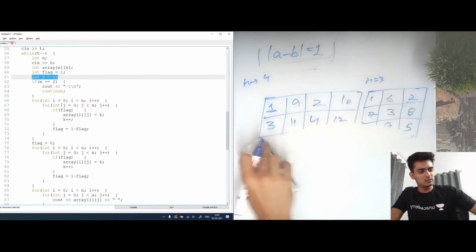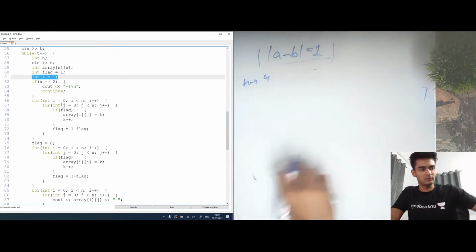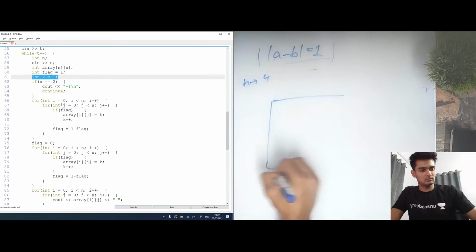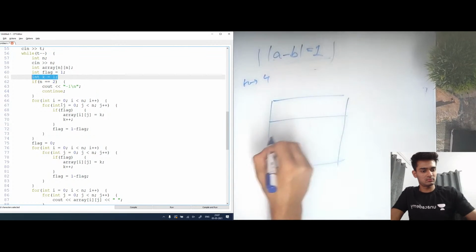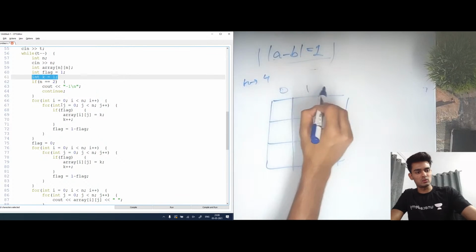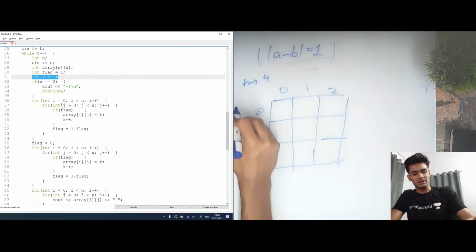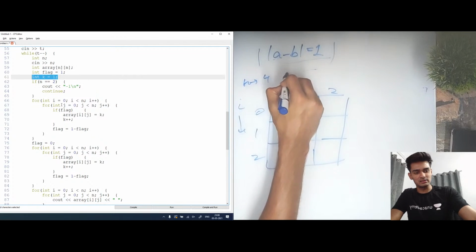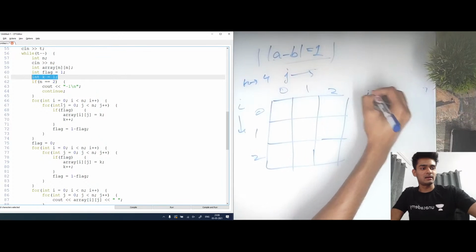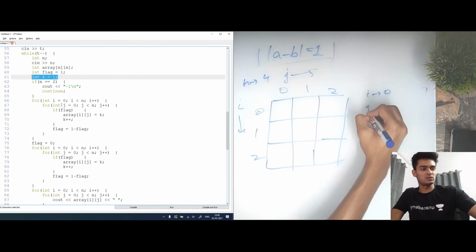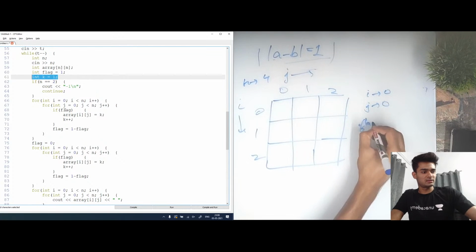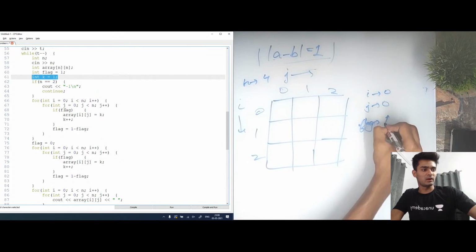So I'll just show this to you for n equals to 3. Okay, so I'll just make 0 1 2 0 1 2. My i is this side and j is this side. So when my i and j are 0 0, my flag is 1 at the moment.